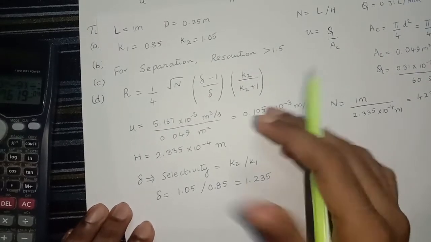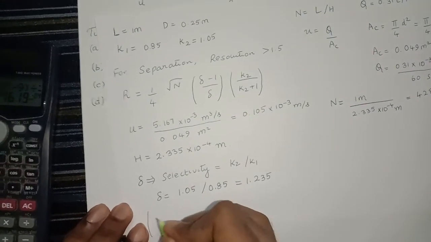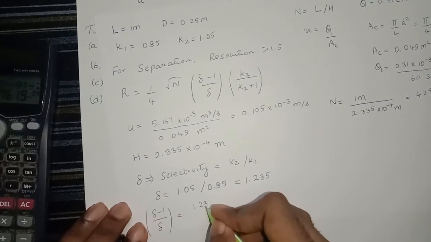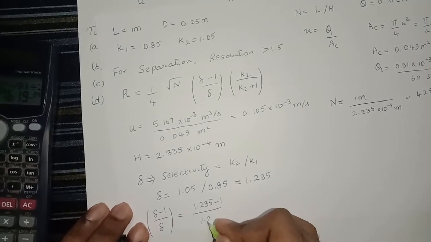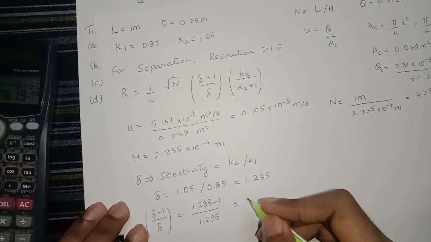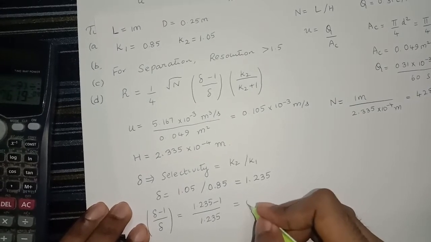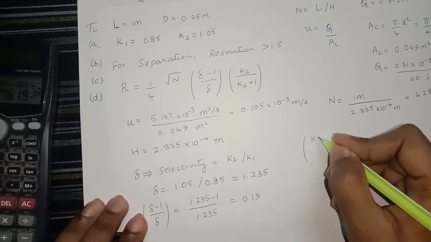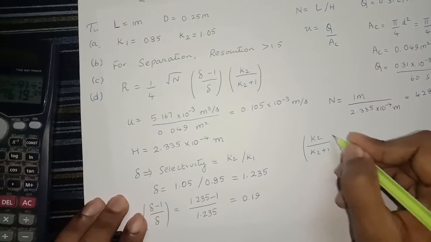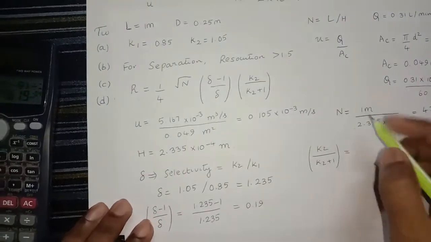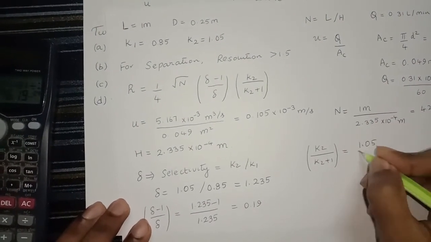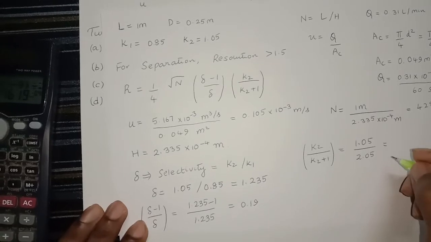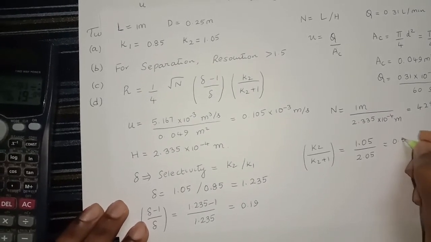Let's calculate the term (δ − 1)/δ, which is (1.235 − 1)/1.235, so it should be 0.19. What about the term K2 divided by K2 plus 1? K2 is 1.05, so 1.05 by 2.05 is 0.512.